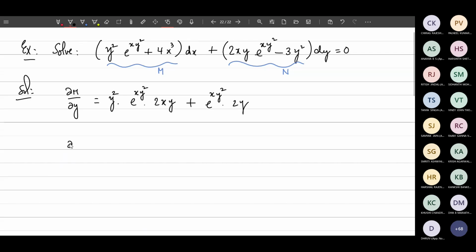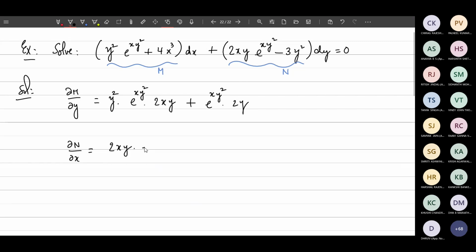So here x is fixed because it is a partial derivative. Next, N with respect to x. That means y is constant here. Previously x was constant, now y is constant. So when y is constant, we have 2xy into e power xy square, differentiated with respect to x.